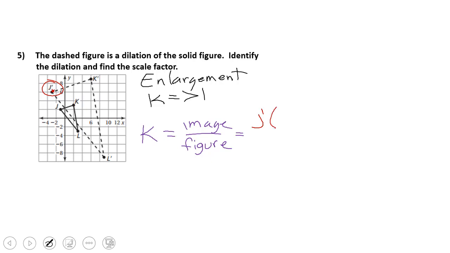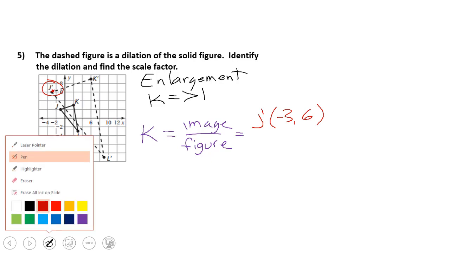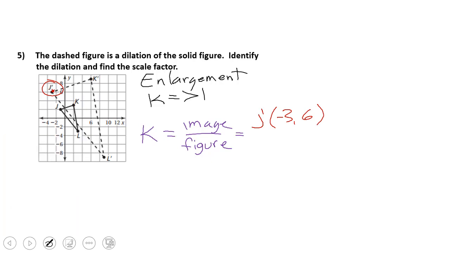So my image is -3, 6 for J prime. Now I'm looking at my original J right here, which goes on the bottom. So J is located at -1, 2.